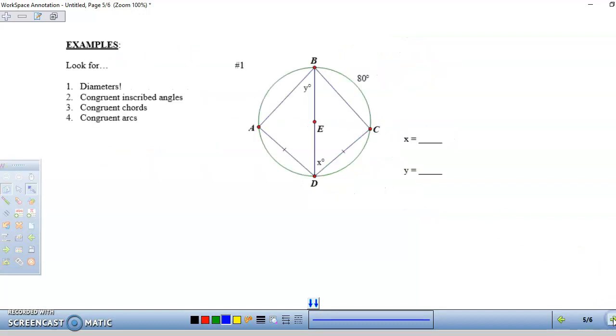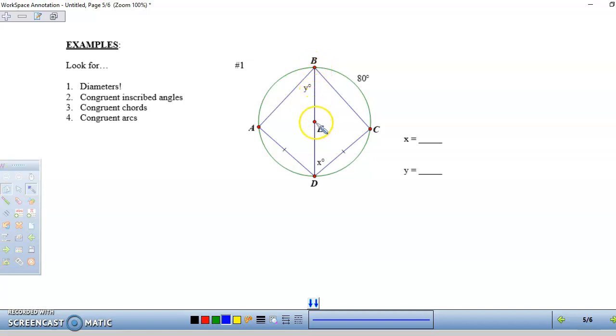Okay, so let's do some examples. So first of all, things you want to look for, these things are super helpful. Diameters in particular. So diameters cut the circle into two semicircles, or in other words, 180 degrees on each side. So on this number one, right away I see, again, you can assume if there's a point in the middle here, that is the center.